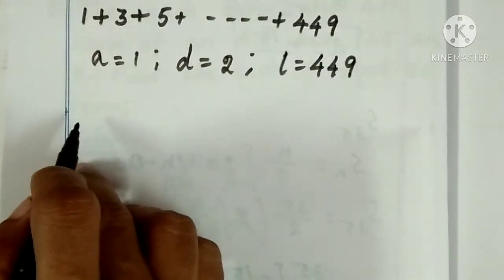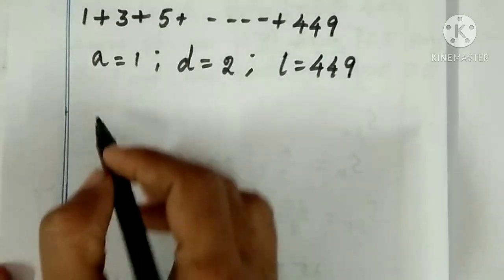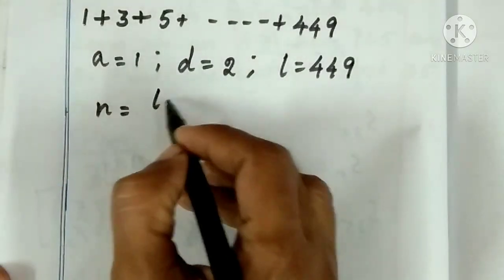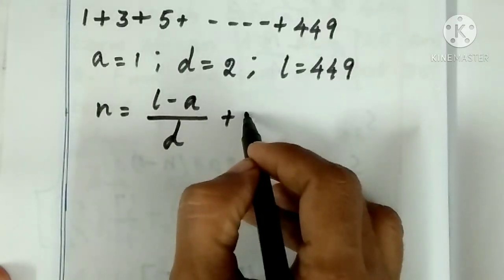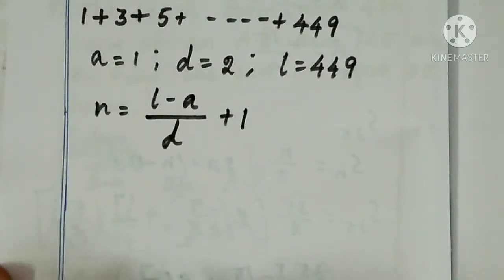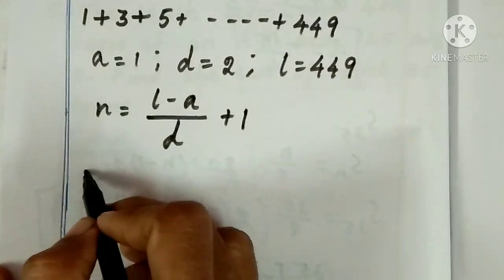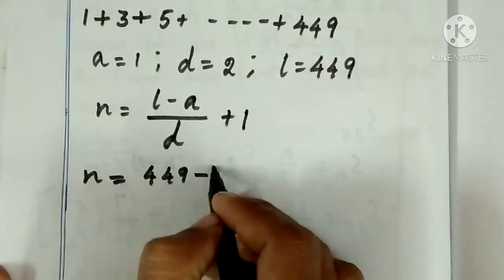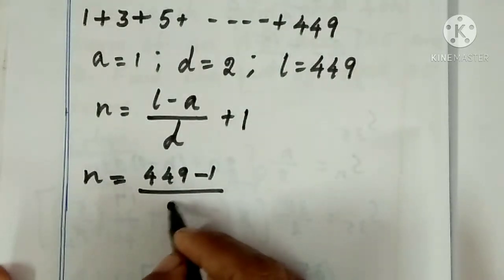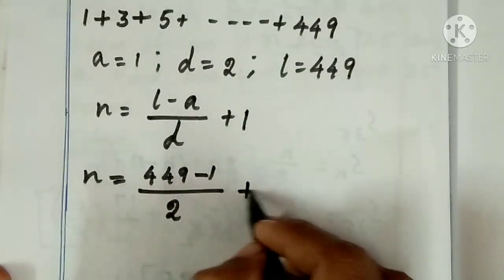Which formula you have to apply? Yes, n is equal to last term minus first term by common difference plus 1. So, here n is equal to last term 449 minus 1 by d, here d is 2, plus 1.